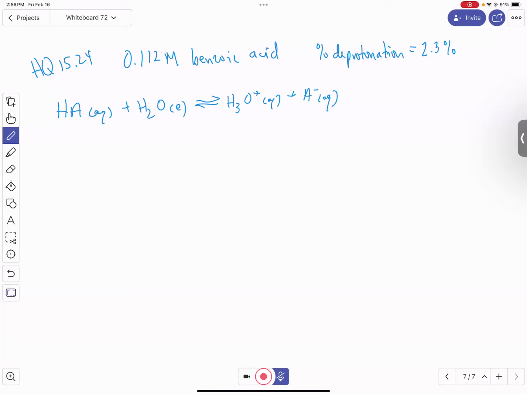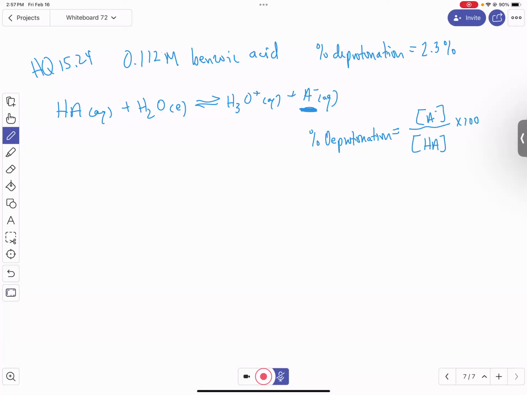And so our percent deprotonation, they're basically looking for how much of that benzoic acid is in the form of the conjugate base, so A minus. So our percent deprotonation would be basically our concentration of the conjugate base, A minus, all over the concentration of our benzoic acid, times 100.